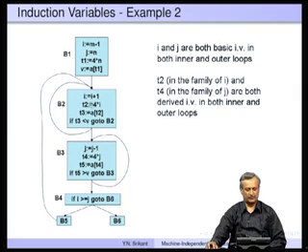I and j are both induction variables, both in the inner loop and the outer loop. Then T2 is an induction variable derived from I, in the family of I, again both in this loop and the outer loop. Similarly, T4 is an induction variable in the family of j, both in this loop and the outer loop.